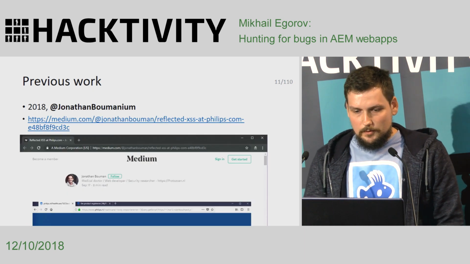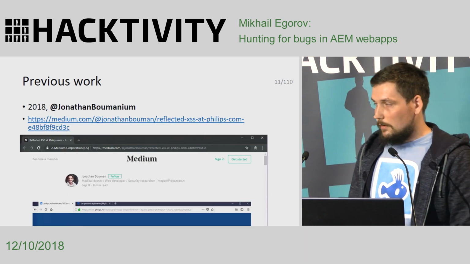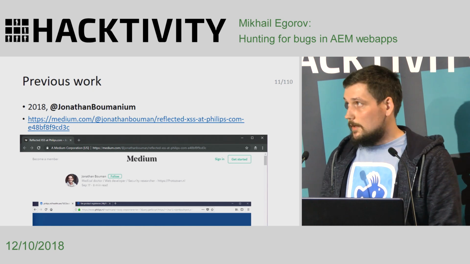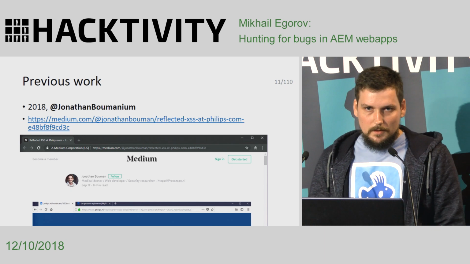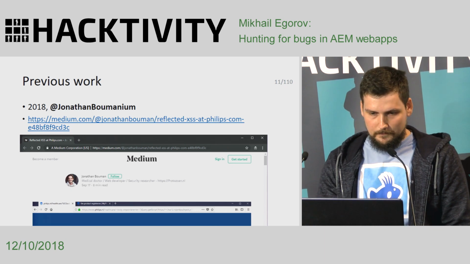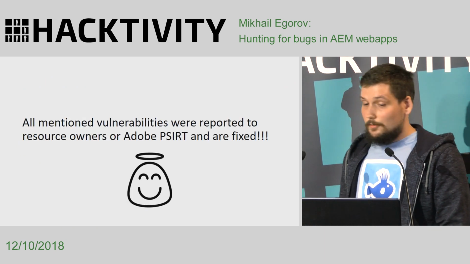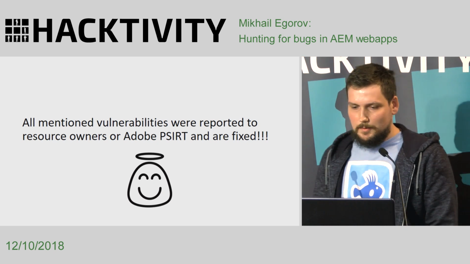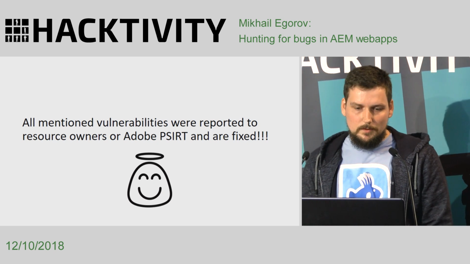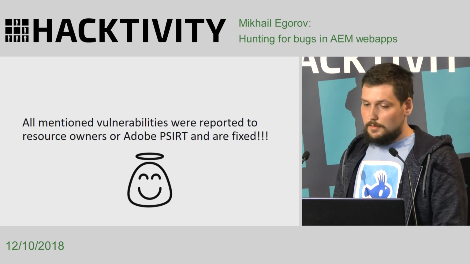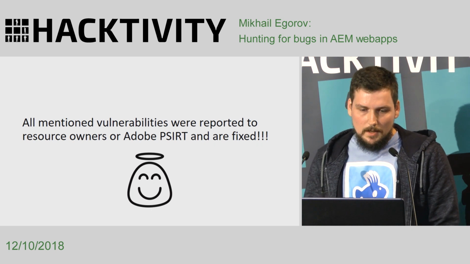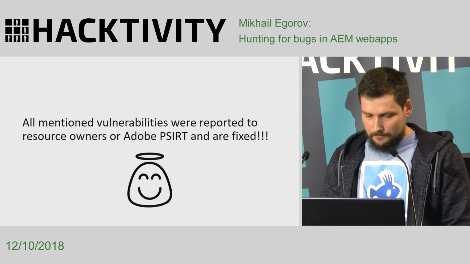And finally, Jonathan Bowman wrote a very nice blog post explaining how he found an XSS on the philips.nl site. Just a side note, all mentioned vulnerabilities in my talk were responsibly reported to resource owners or the Adobe Product Security Incident Response Team, and I hope they are fixed now.